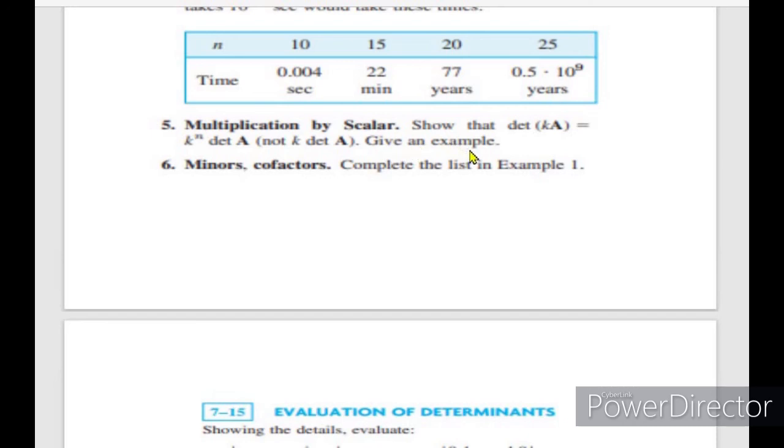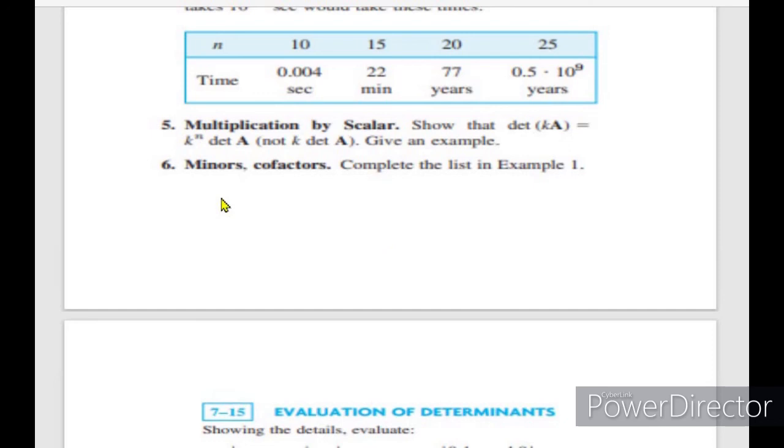You will give an example: multiply any constant to a matrix that you choose, to show that the determinant of k times A, where k is the scalar value, is equal to k raised to n multiplied by the determinant of A. So it is not the same as k times the determinant of A, because it has an exponent of n. You will show that in your example.